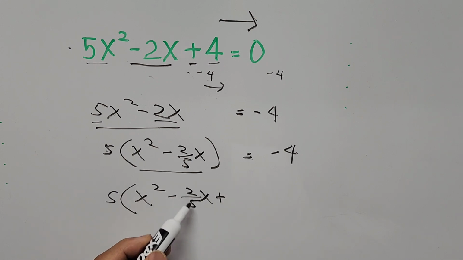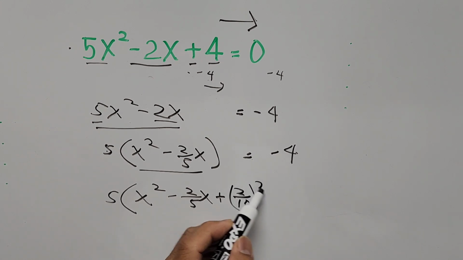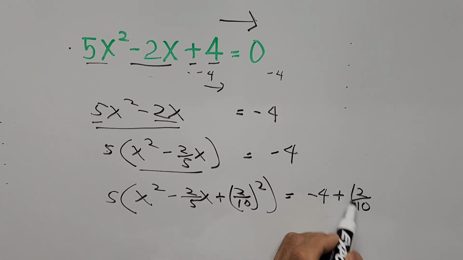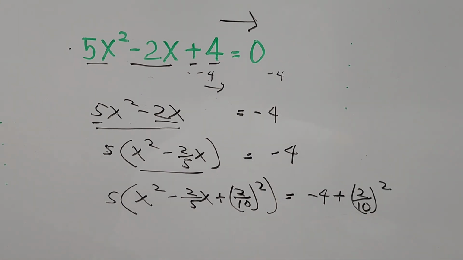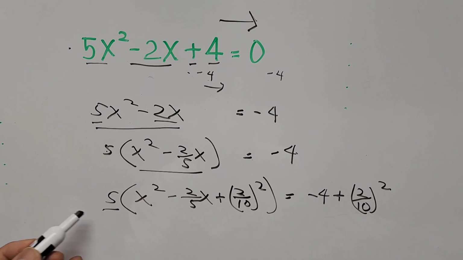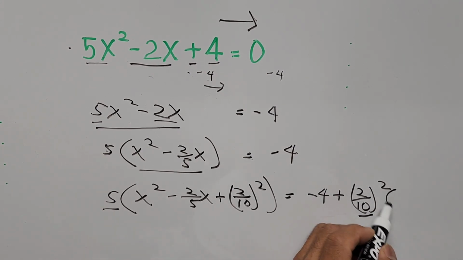Since 2 divided by 5 divided by 2, that will be 2 divided by 10, and square it. And what we do on the left, we should do on the right. So we have negative 4 plus 2 over 10 squared. And since this factor right here is inside the parentheses, if you notice, we have a multiplier of 5. We have to multiply this value by 5.